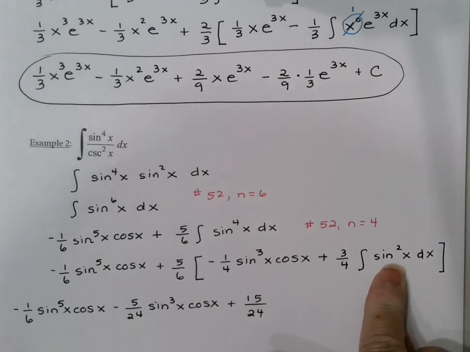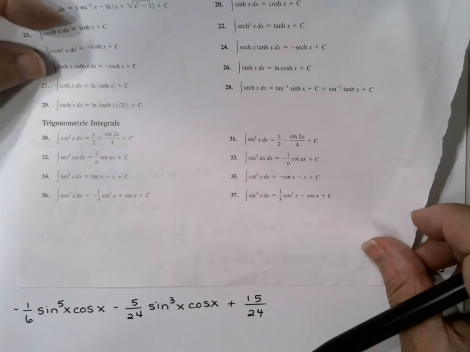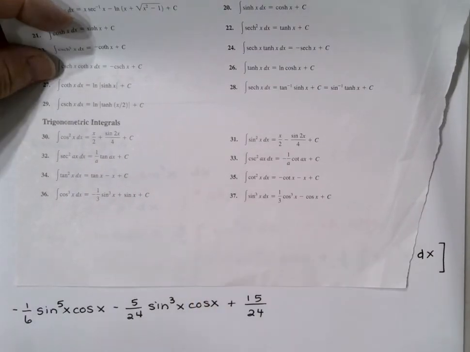And then I've got the integral of sine squared x dx. Now I could do my reduction formula one more time, but I think that exact one was actually in the table earlier under the trig forms. So if I go back and look at my trigonometric integrals, let's see if we can find that one. Yeah, there it is. It's number 31, right? Perfect, and I don't have to do any more work.